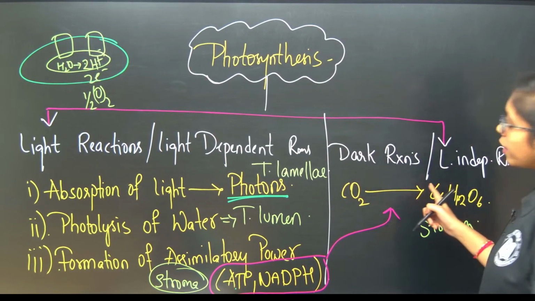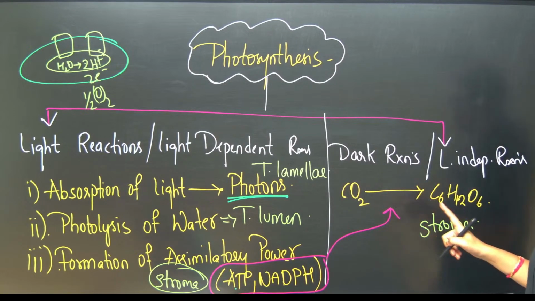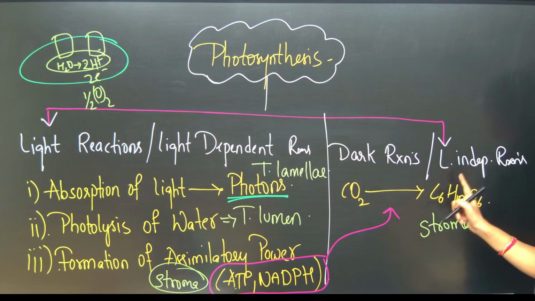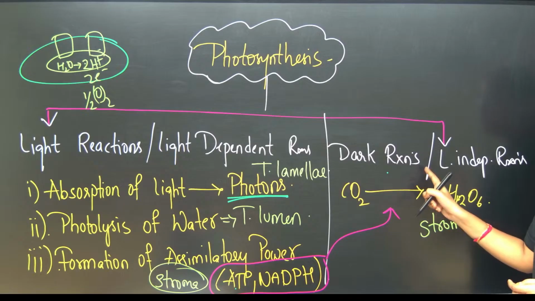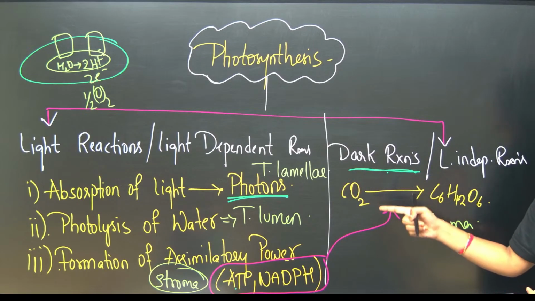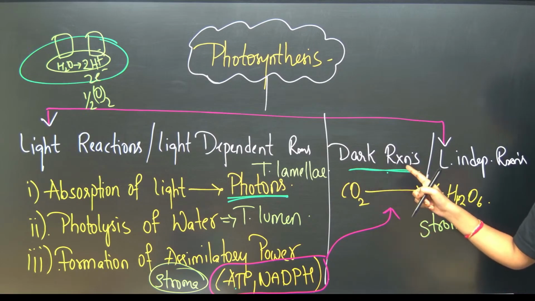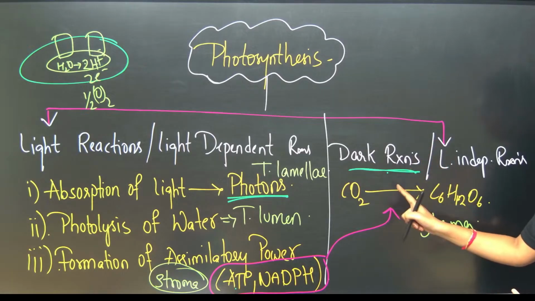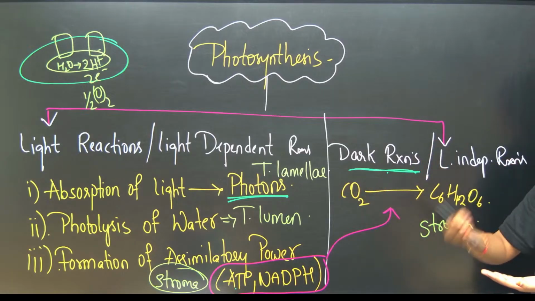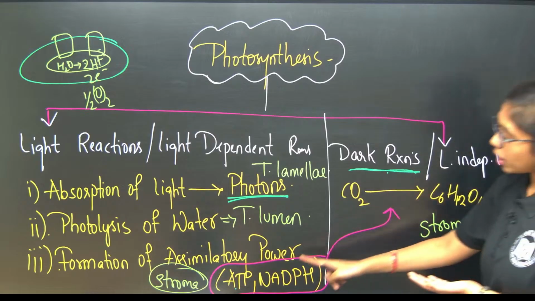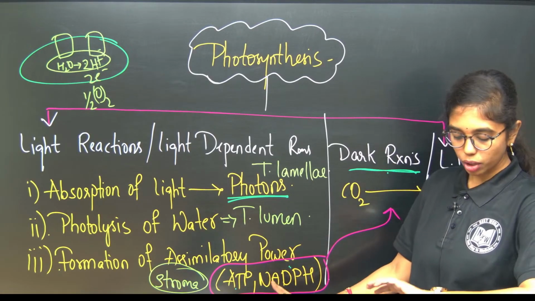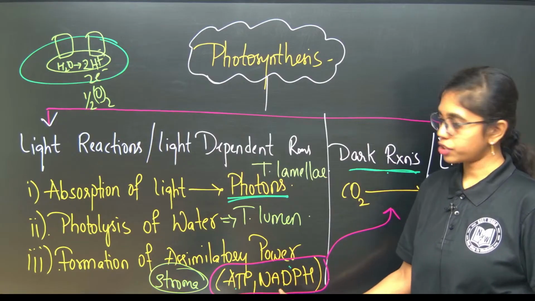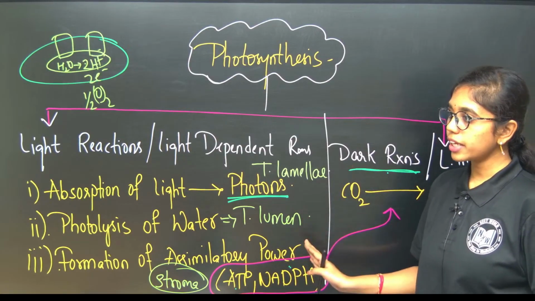Here you can expect a statement based question: calling light independent reactions dark reactions is a misnomer, because dark reaction would mean it takes place in the dark, but no, it occurs in the daytime also. It is not directly dependent on light; it is dependent on the products of light reaction. Till here everything is clear, right?